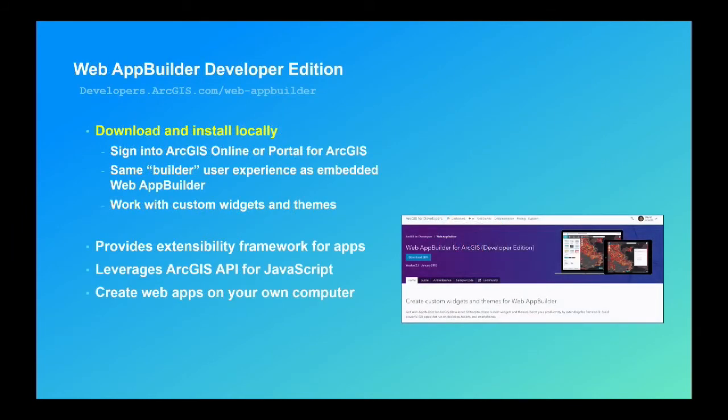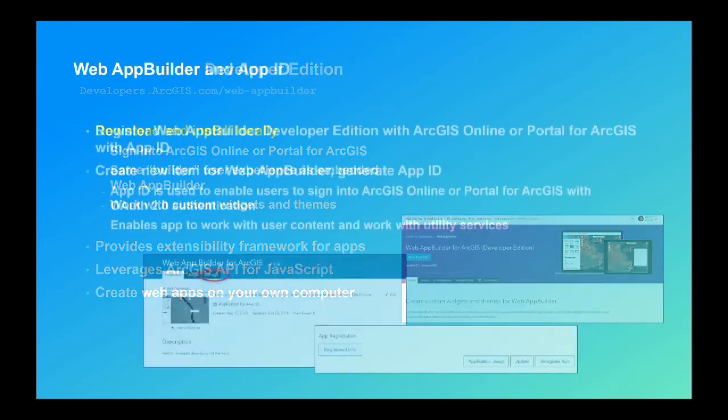And that's where you download Web App Builder for Developer Edition. That's going to run on your local machine, right? As I said before, it's a completely extensible framework. It leverages our JavaScript API, and you can create web apps, right? And you can share those functions, those tools, those themes with other people, or you could just keep them to yourself and share them with your organization.